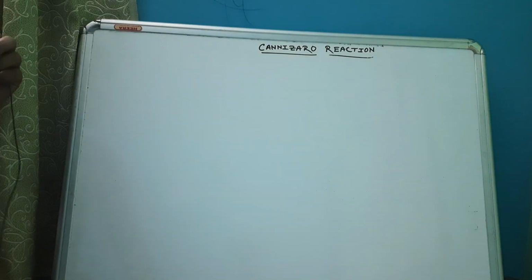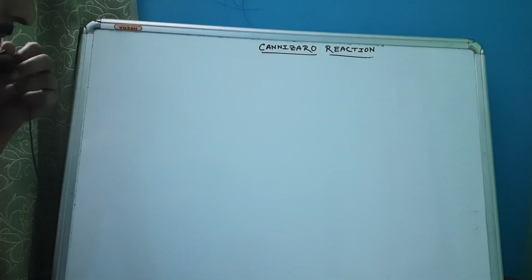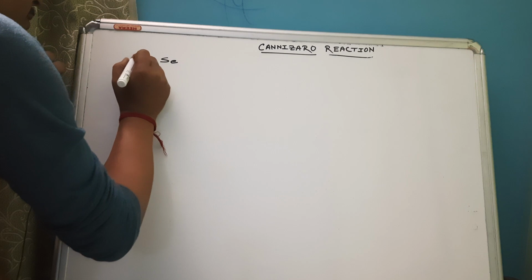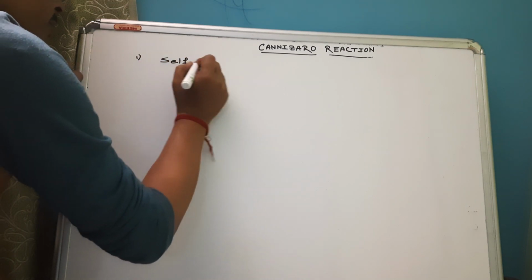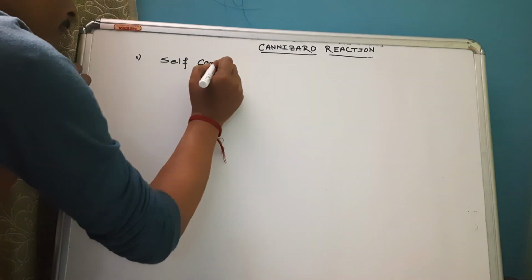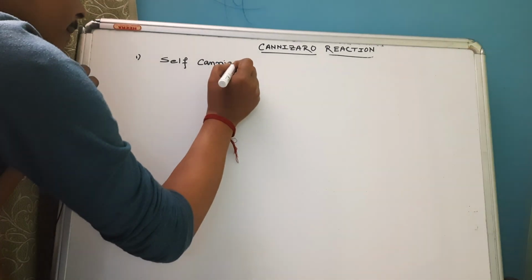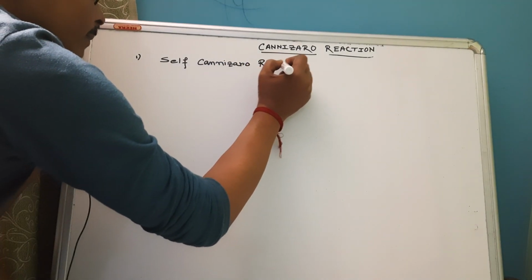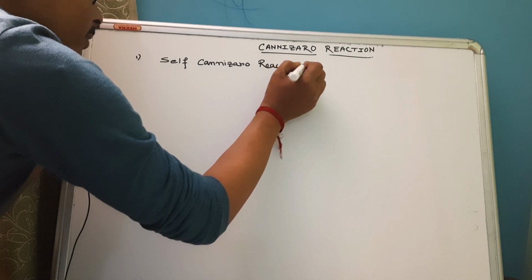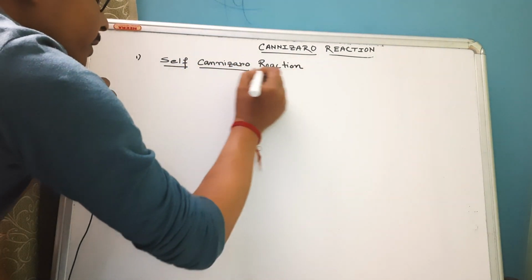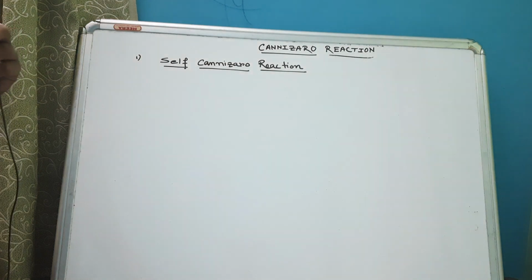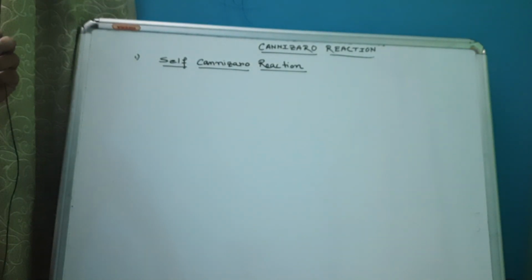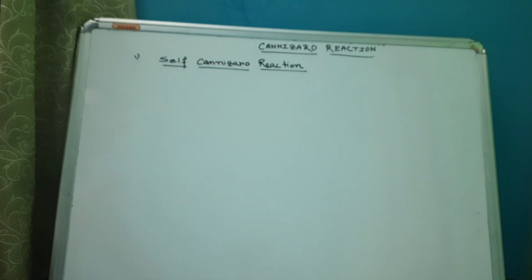Let's go for an example. First, the self Cannizzaro reaction. I am not going through the detailed mechanism because it is quite time-consuming, and for class 12 you should only know the products to crack the MCQs.